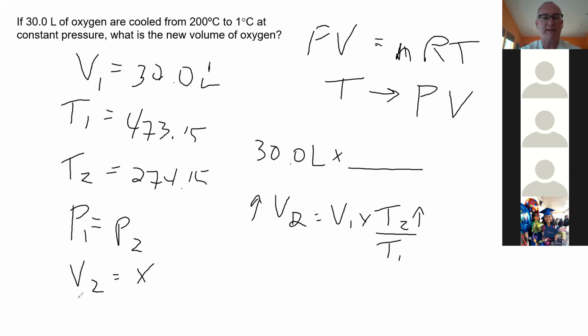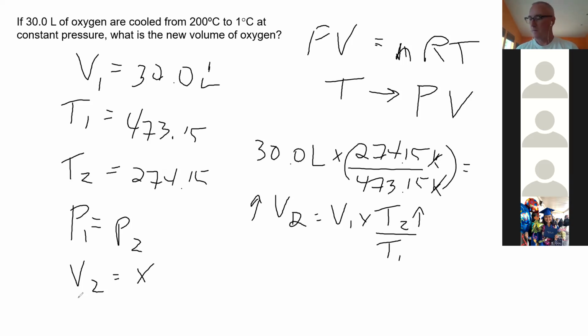the second temperature, which is 274.15, over the initial temperature, which is 473.15 K. And our temperatures will cancel. And we just figure, so what would be the answer here?